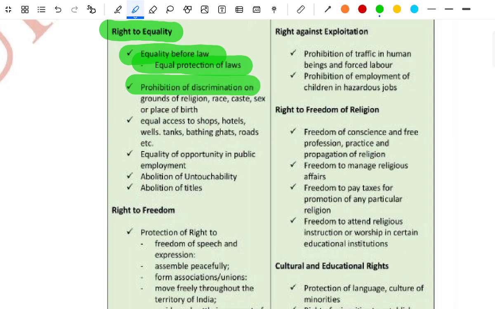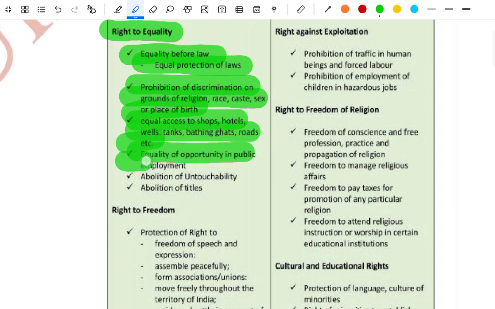Prohibition of discrimination on the ground of religion, race, caste, sex, or place of birth. Equal access to shop, hotel, well, tank, and bathing ghat road, etc. Equality of opportunity in public employment. Abolition of untouchability. Abolition of titles.